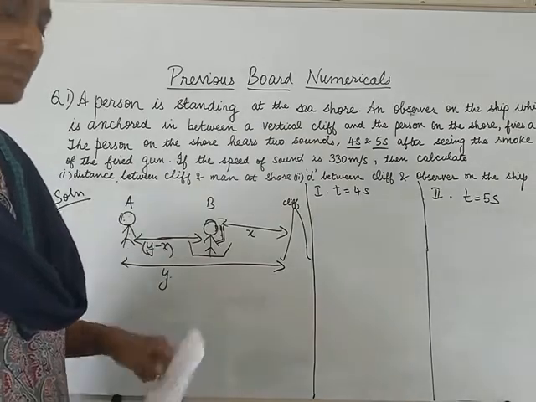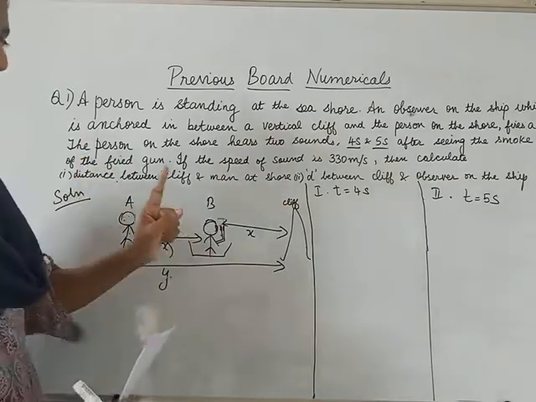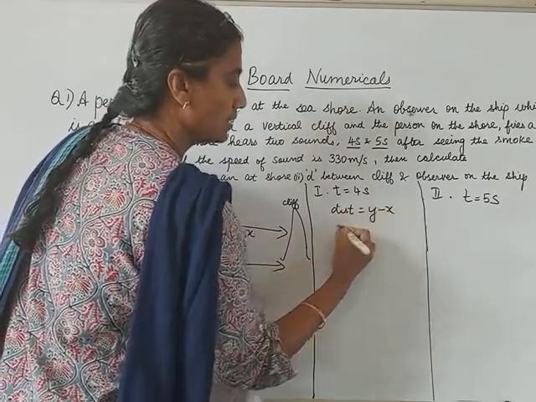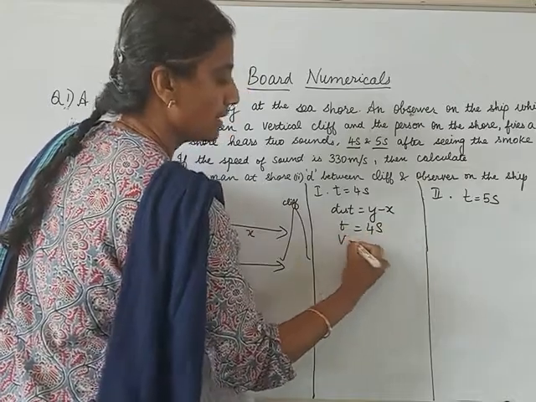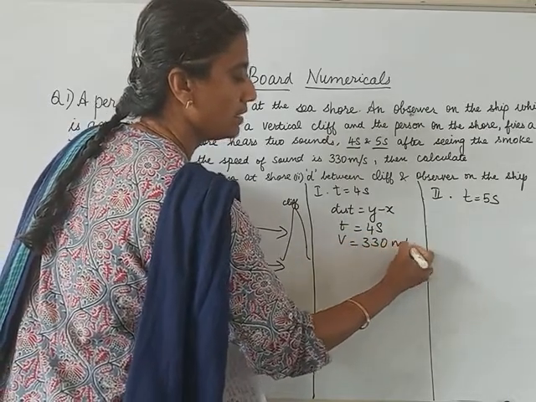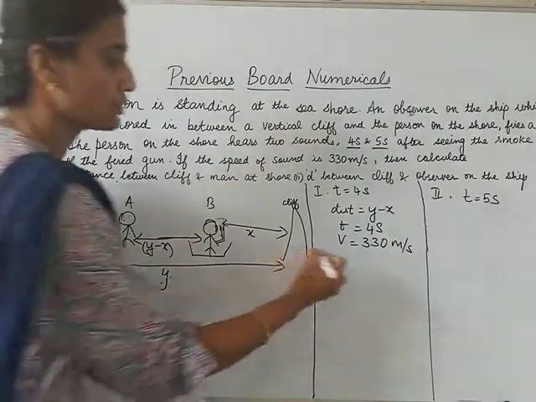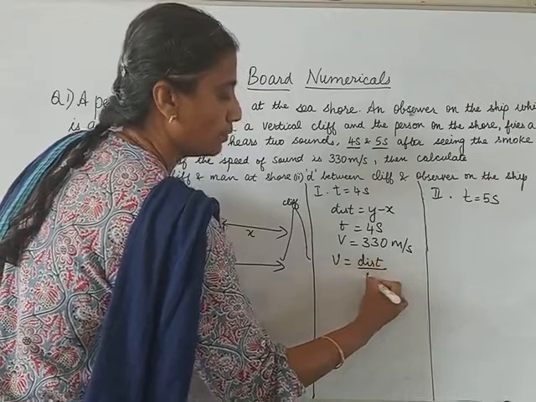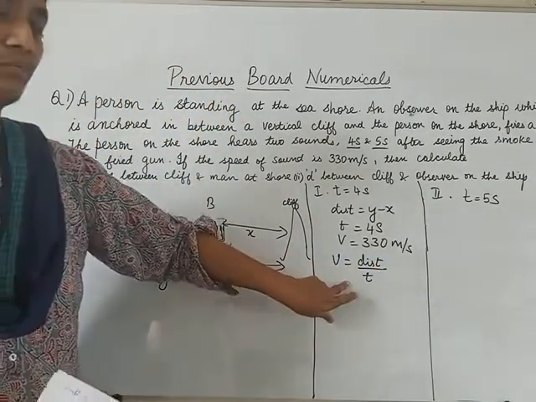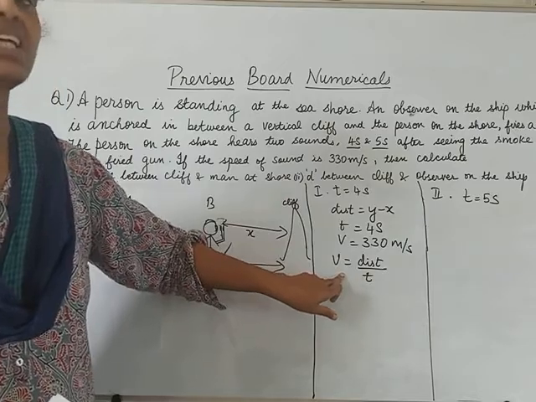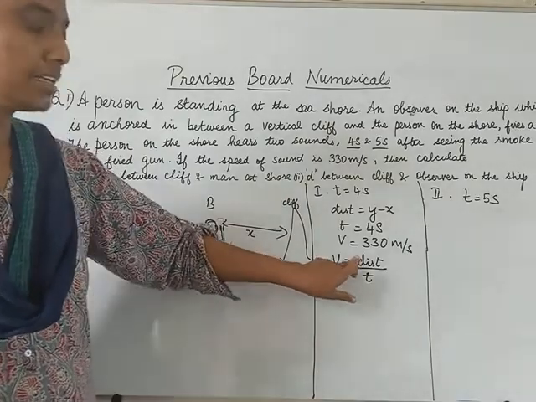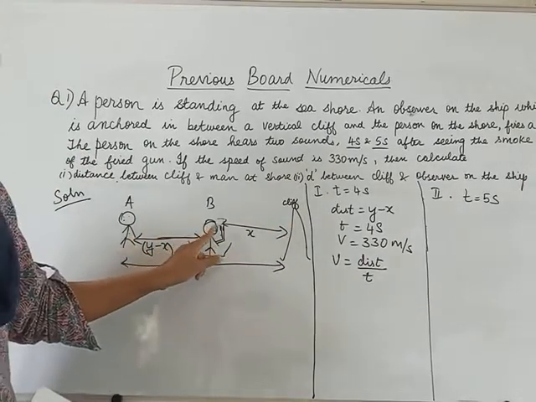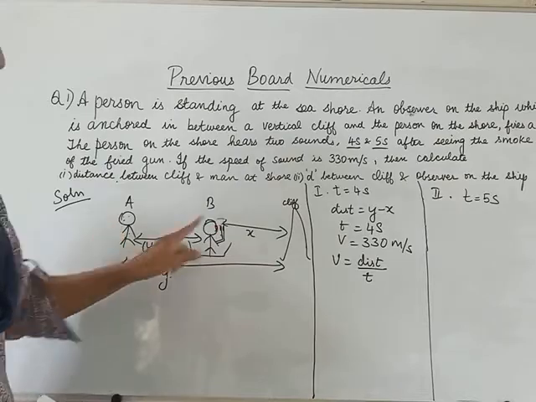For the first sound, the distance traveled is y minus x and the time taken is 4 seconds, and the speed of sound is 330 meters per second. We know that v is equal to distance upon time. If you remember, I told you that for an echo the formula for speed will be 2d by t. But why are we taking only distance by time here? Because this is the direct sound from the gun, not the echo.